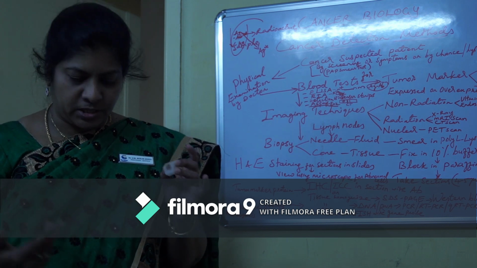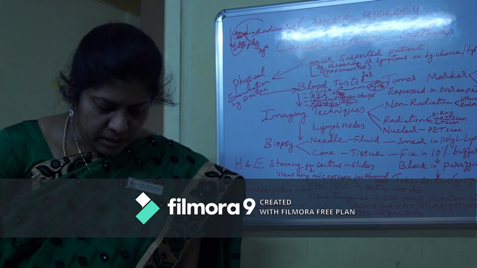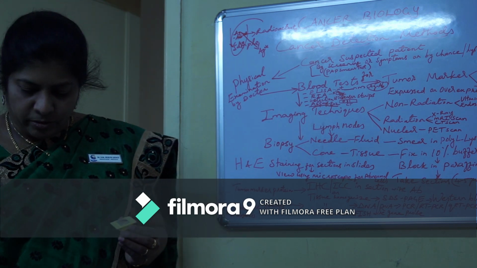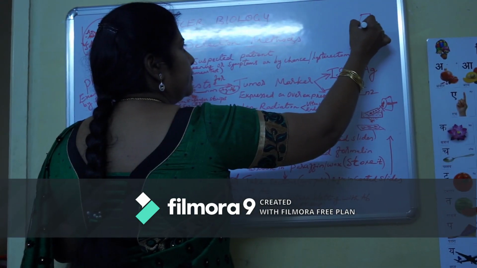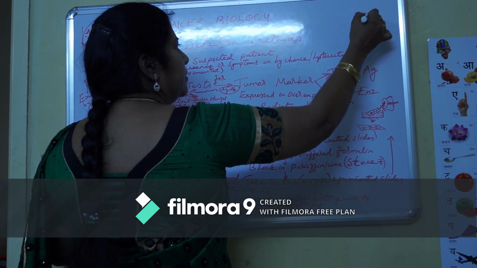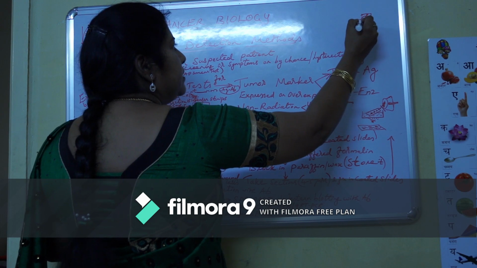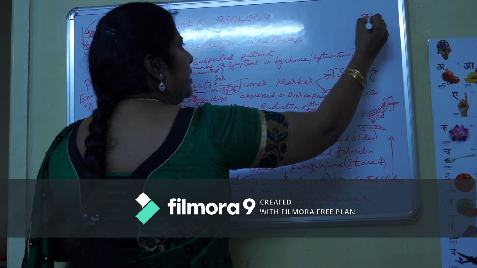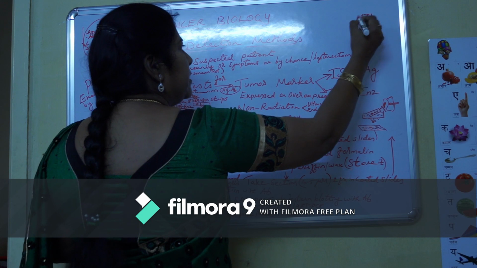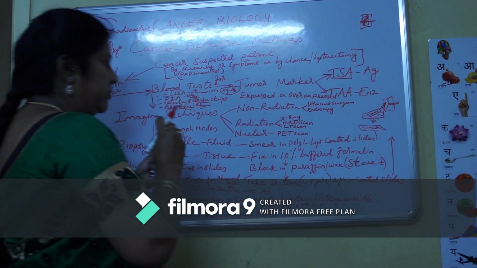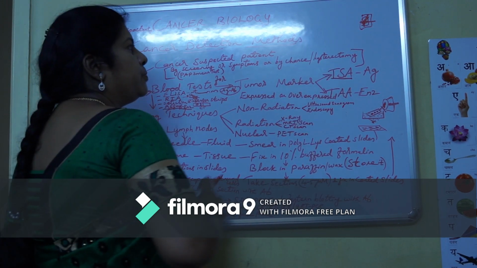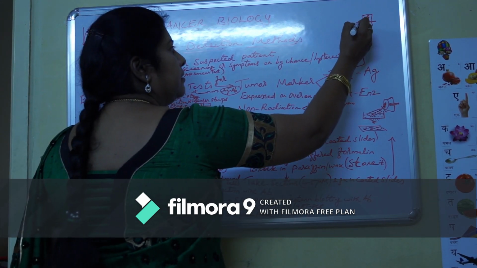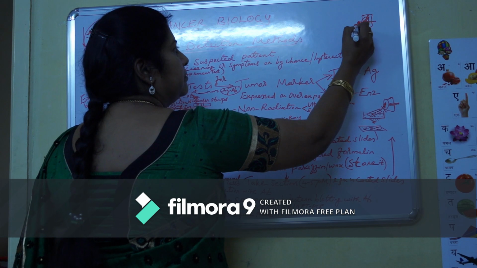How do we take the sections? We have to place this in a microtome. You have a microtome in the laboratory. It has an apparatus where you can keep this mold, exposing the tissue outside, and you have a blade.